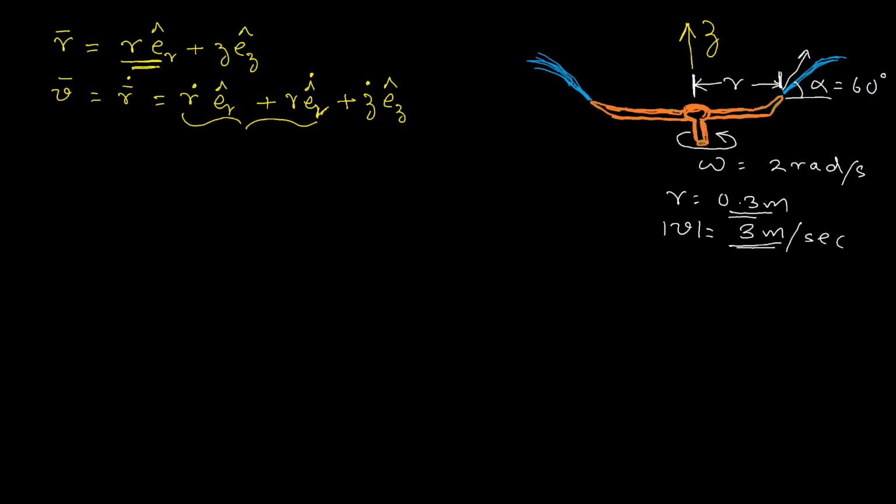So r is the radius vector of the particle, which is changing every instant.